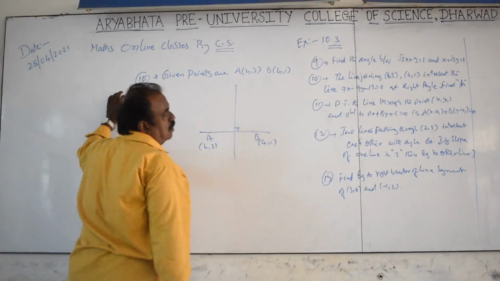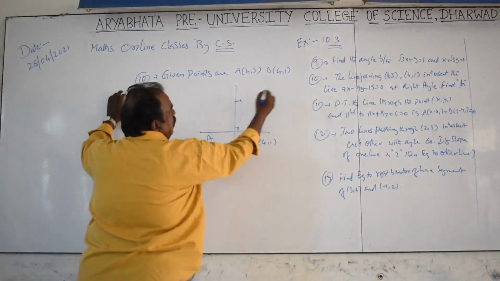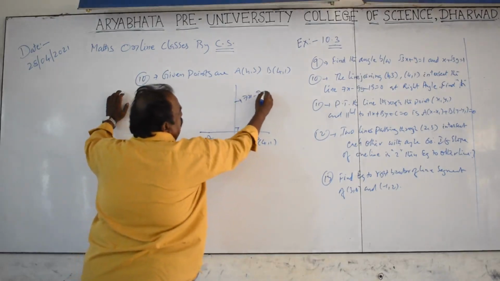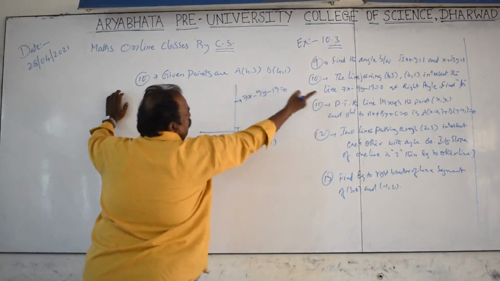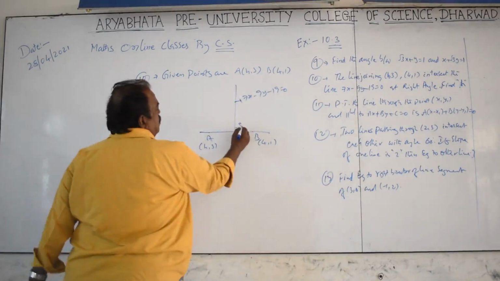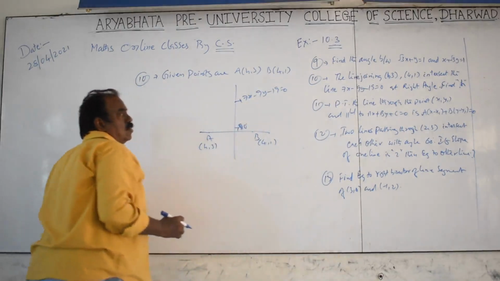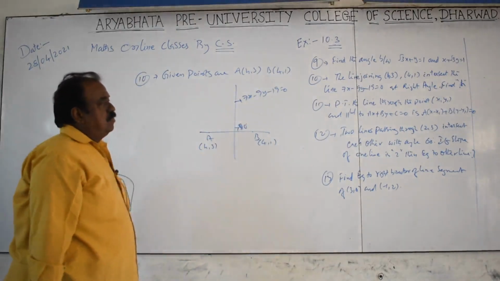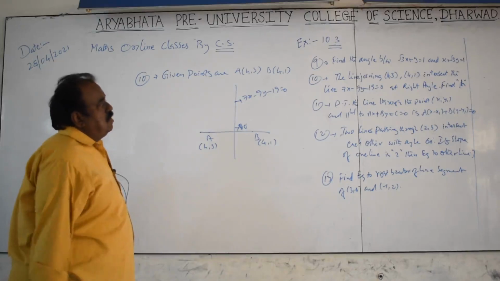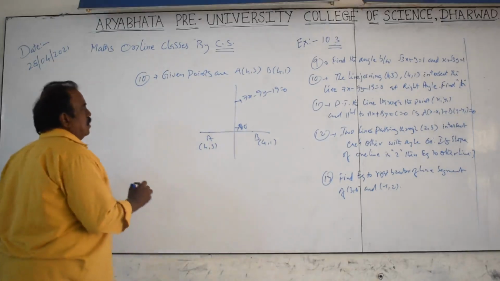A line is there, that line is the given line, 7x minus 9y minus 19 is equal to 0. It is at right angle, at 90 degrees. Then what is the value of h, we are asked.